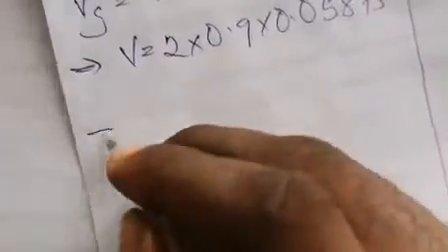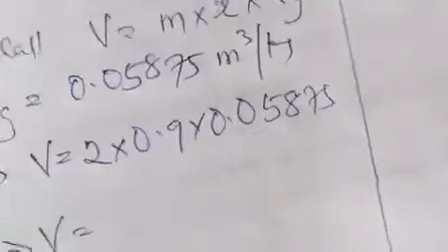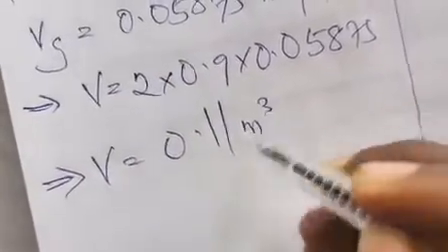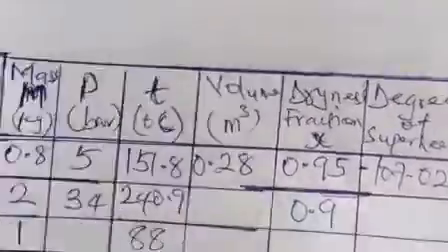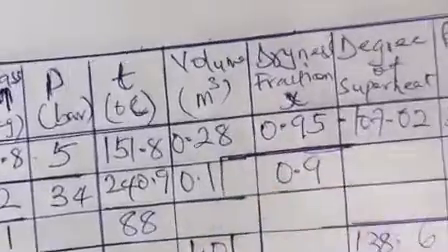So the total volume V is approximately 0.11 meters cubed. We know the volume now, so fill in 0.11.